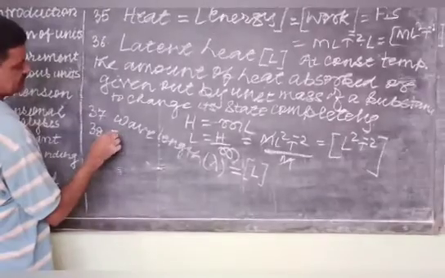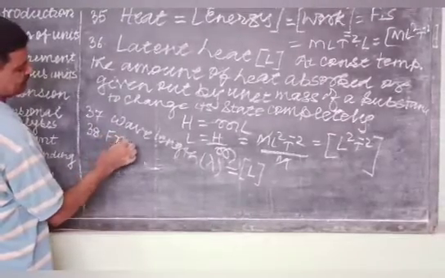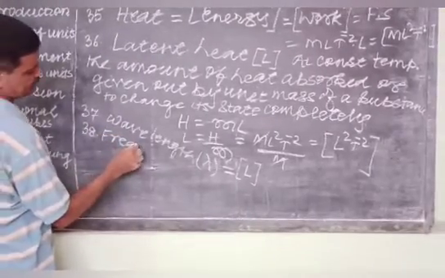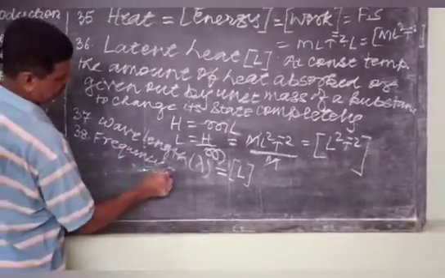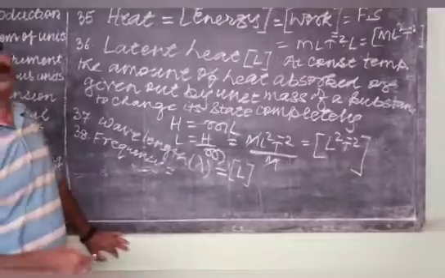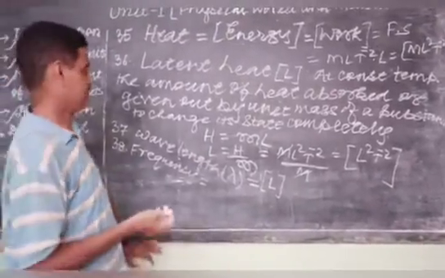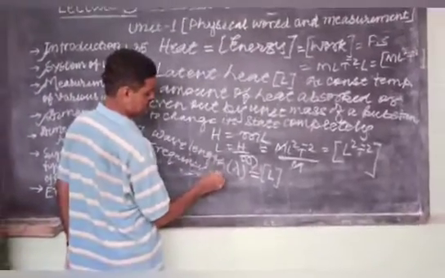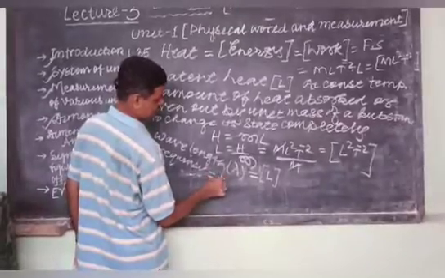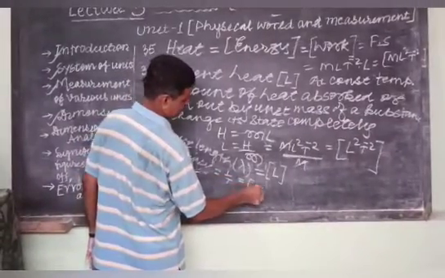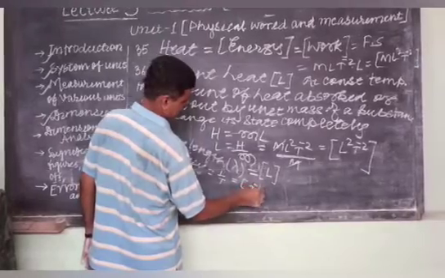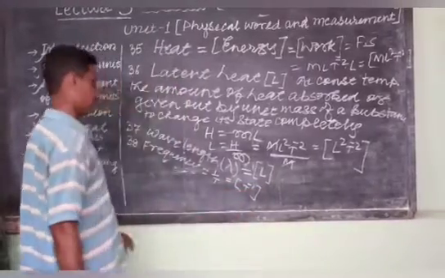Very easy. That is frequency. Frequency is 1 by time period. N is equal to 1 by t. So it is 1 by t, and dimension will be t to the power minus 1.